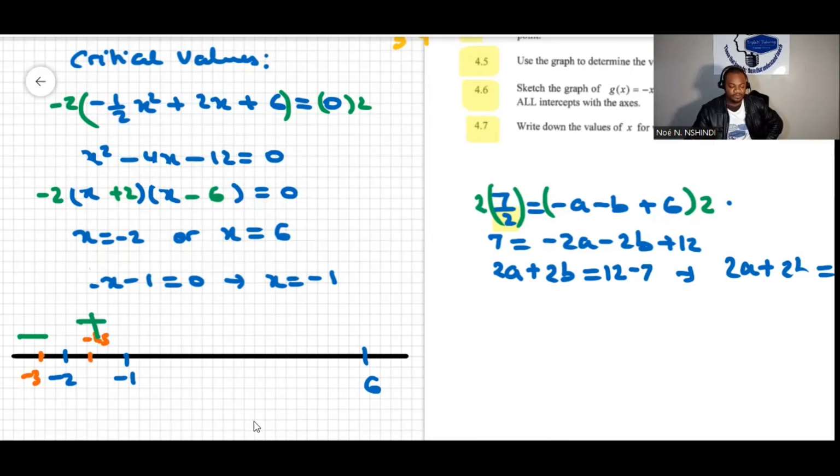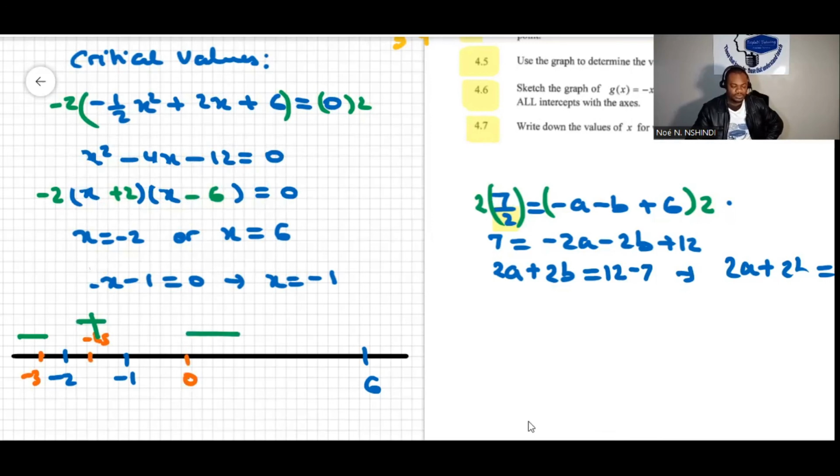And then this side, if you pick up any number like 0, for instance, you sub 0 over here. There you have positive times negative, which will be again another negative here.